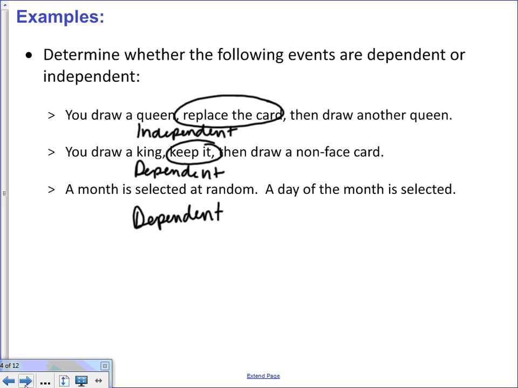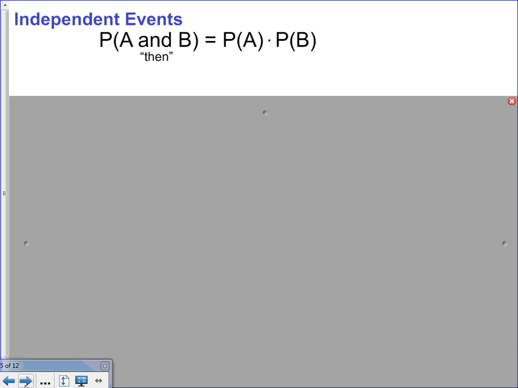Okay, next up we want to write down the formulas for independent and dependent. These are not difficult formulas. They're actually very easy. So the first one is the probability of A and B is equal to the probability of A times the probability of B. Notice that underneath the word and, I put a little extra then, because I want you to be thinking about these events, like I said earlier, as consecutive events.